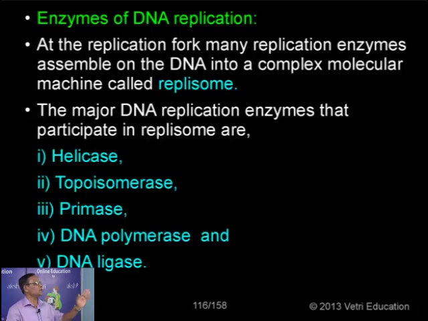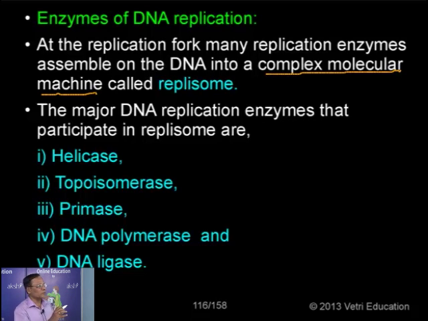At the site of replication fork, or after the formation of the replication fork, many replication enzymes, meaning those enzymes which take part in the replication process, get assembled on the DNA molecule where the replication is going to happen, to form a complex molecular machine.